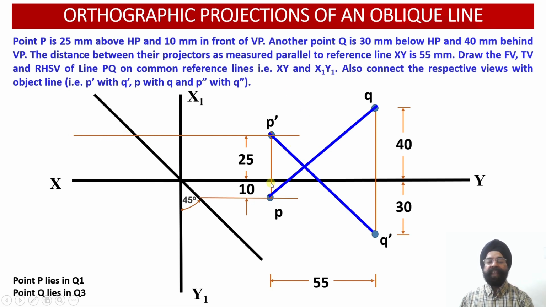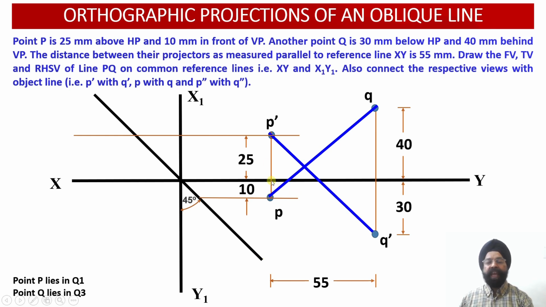Here we can see that this is the distance of point P from the vertical plane. This distance we have to now transfer from the top view projection into the profile view projection over here. So we know that we have to use this transfer line. Please check, we have this transfer line drawn at an angle of 45 degree with respect to the XY, or the X1 Y1 reference line.